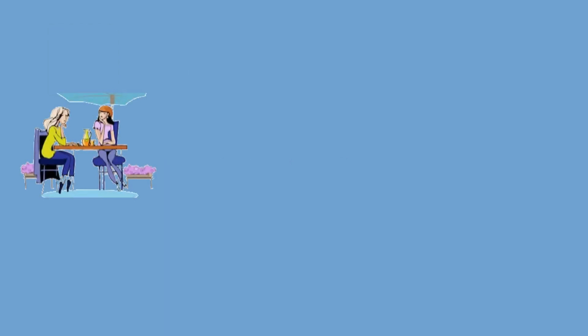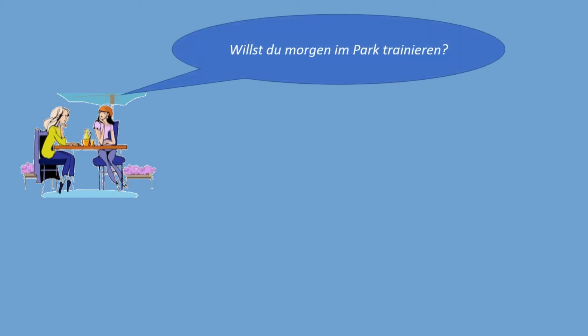Okay, let's go back to our girls, or our ladies. So you remember they have a conversation, and one of the girls will ask, Willst du morgen im Park trainieren? Do you want to practice tomorrow in the park? Now they want to practice together, some kind of sport probably. Look, how another girl may answer this question using modal verbs. The girl can answer, Ich will nicht morgen im Park trainieren.